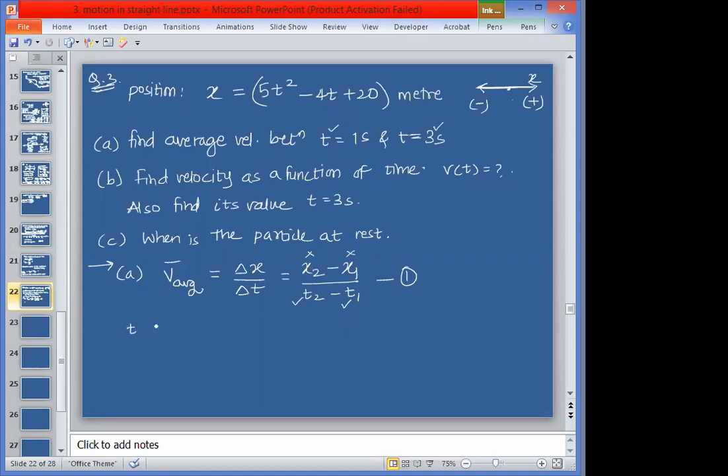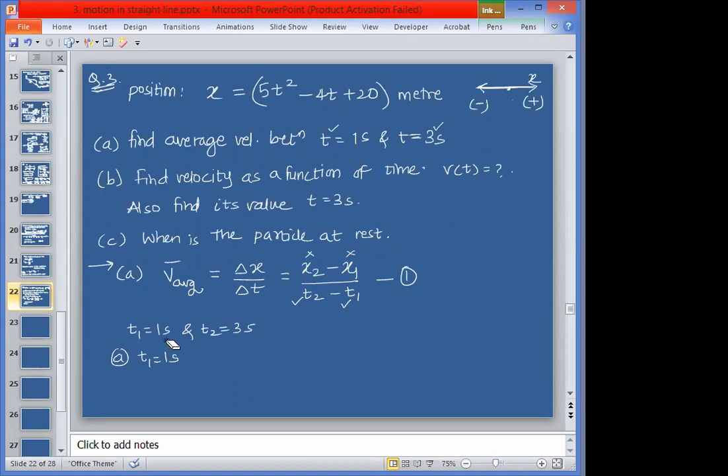We know initial time is 1 second and final time is 3 seconds. Initial time, final time, understood? Now let's find the initial position. At T1, what was the initial time? 1 second.